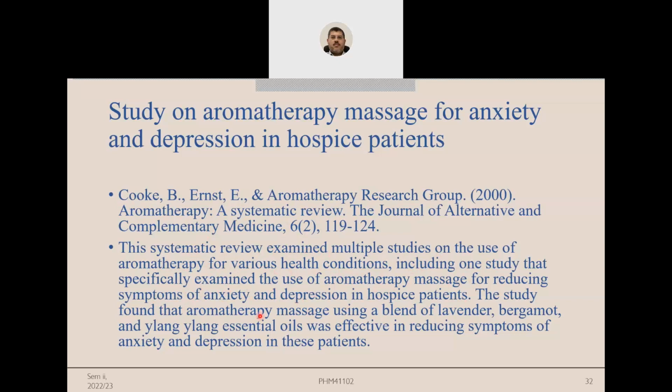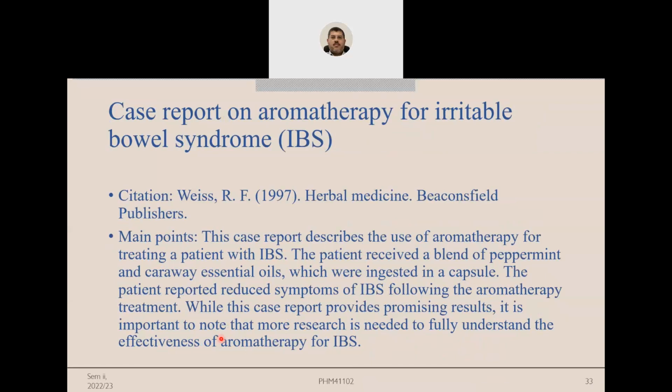The study found that aromatherapy massage using a blend of lavender, bergamot, and ylang-ylang essential oils was effective in reducing symptoms of anxiety and depression in these patients. And as I told you before, this is a common practice: usually not one single essential oil will be used, but a blend of several essential oils that may have similar effects. So they have a synergistic effect.